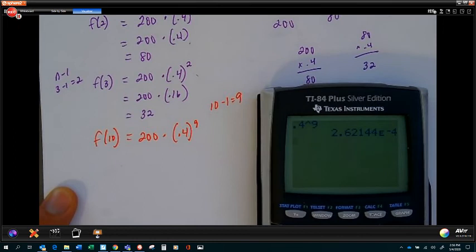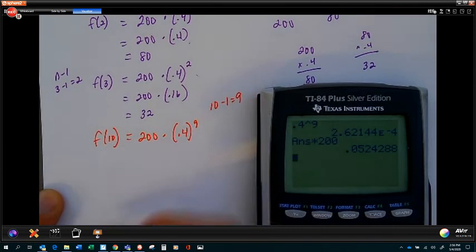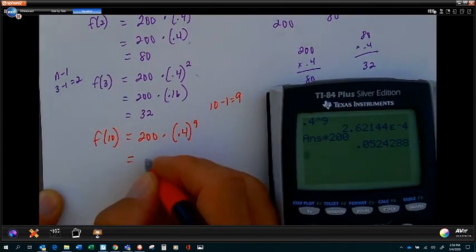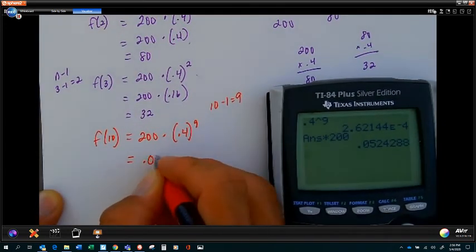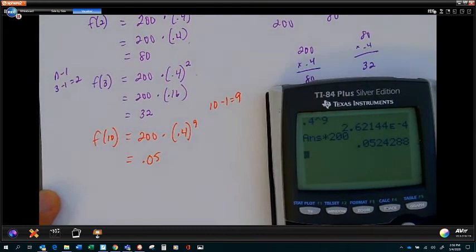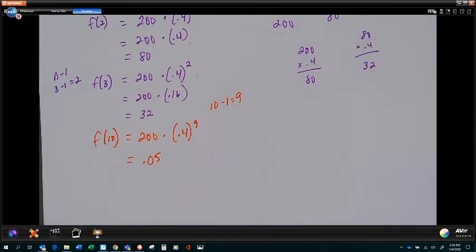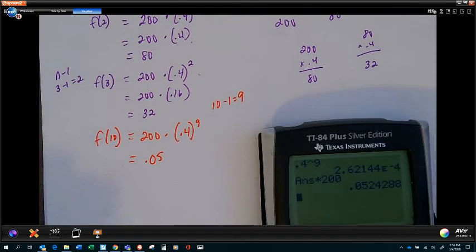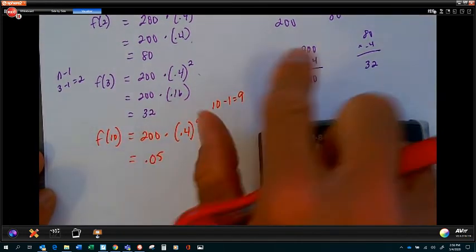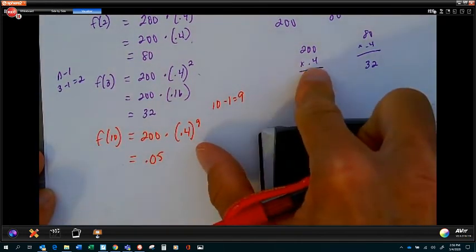It's going to be a pretty wicked decimal, right? And then multiply that times 200, and I'm going to get that. So my 10th term is going to be a really, really small number. By then, you've probably stopped bouncing on the bungee cord and are almost not going to be bouncing anymore if you're looking at that in context. So the recursive formula, you have to know the previous term.